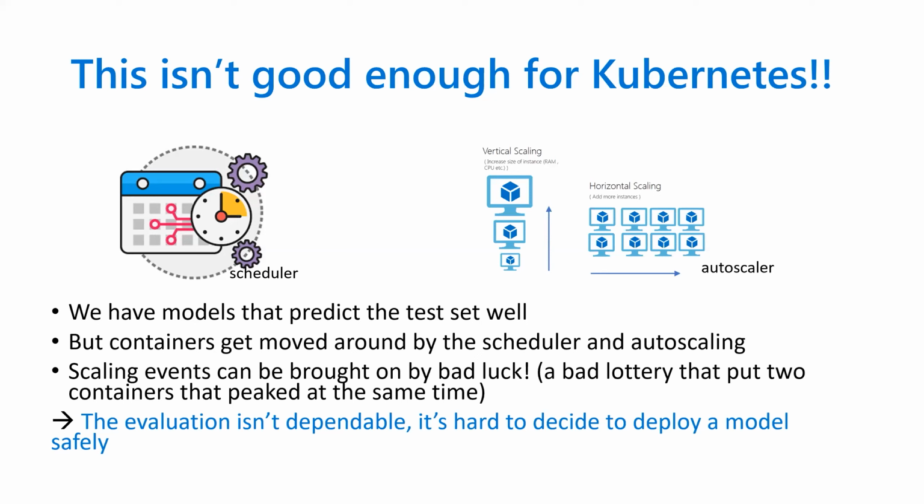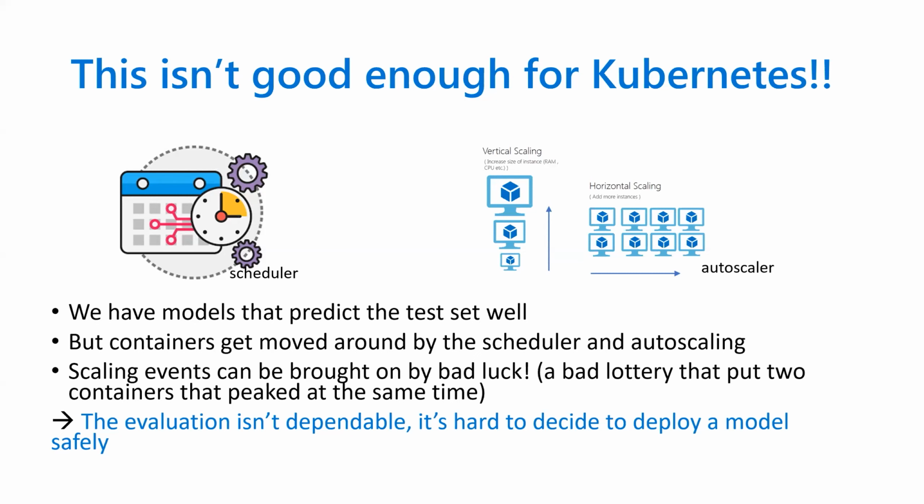Also, a scheduling event can be brought on by bad luck, so we can have 2 containers peaking at the same time, allocated at the same node. We want our model to be agnostic to that, and to provide good recommendations that can support these scenarios as well. So we want our evaluation to be independent of the specific scenario so that we don't overfit to specific settings.